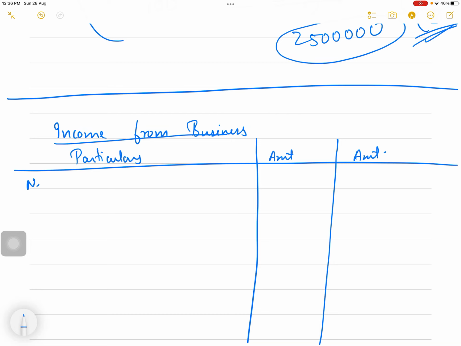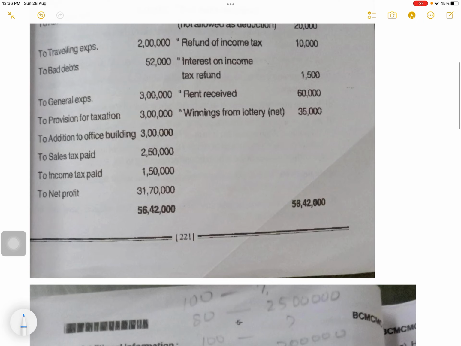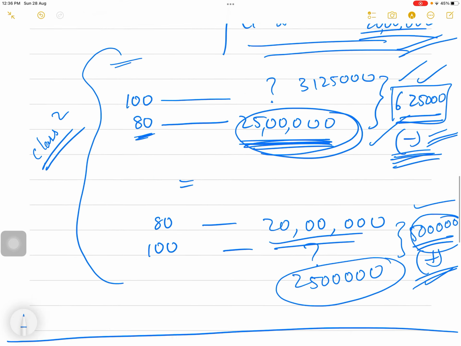Net profit as per P&L account. Net profit as per P&L account is 31,70,000.